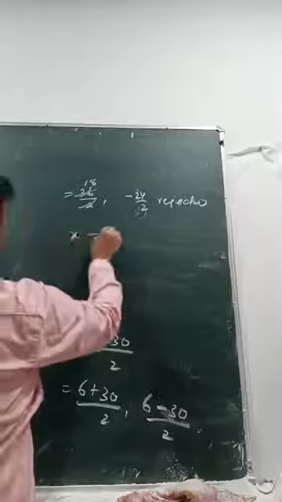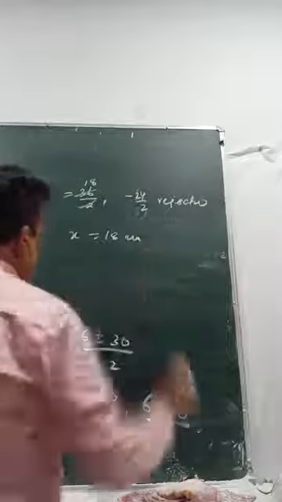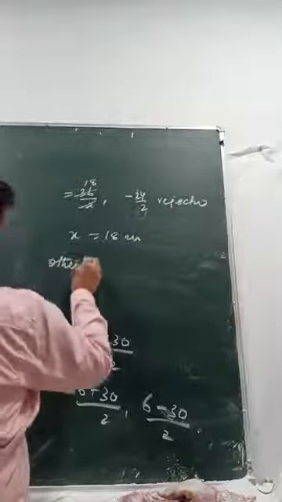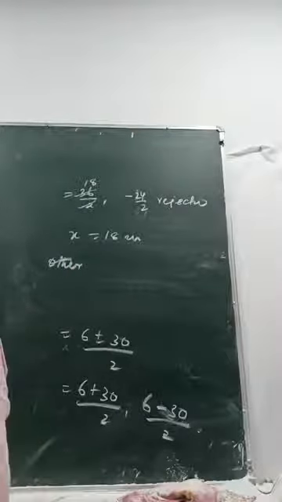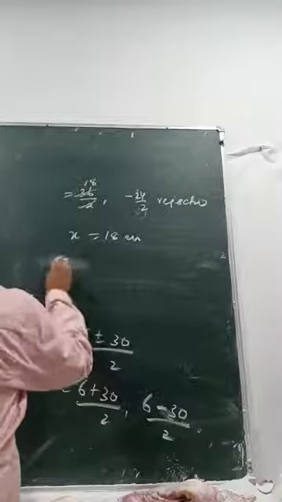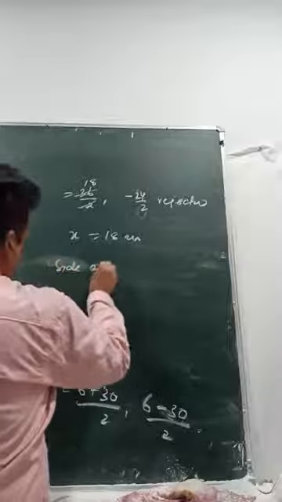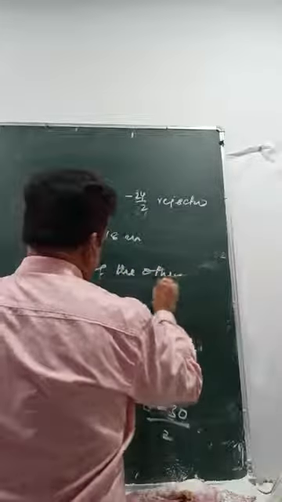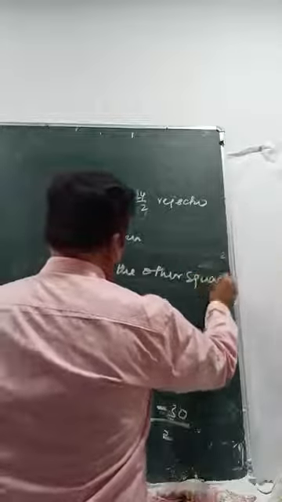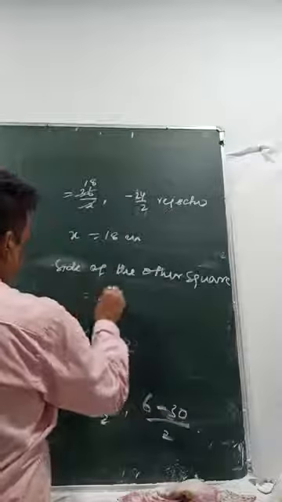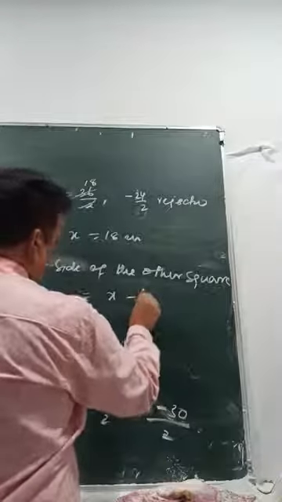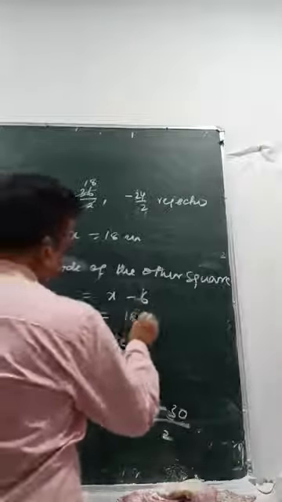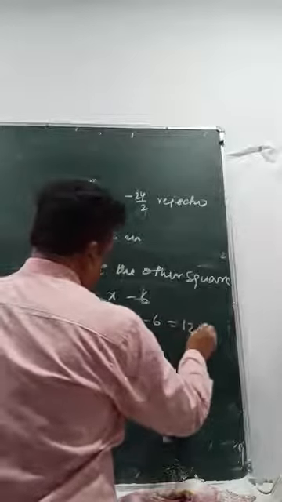So x is equal to 18 meter. Other side: the side of the other square, how much? It is x minus 6. x minus 6 means 18 minus 6, that is 12 meter.